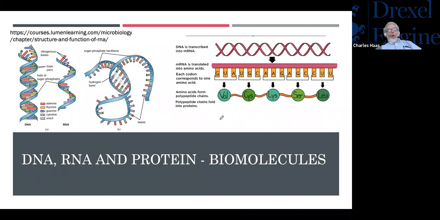Looking in a bit more closer molecular detail, if we take the double helix and unzip it, you notice how some of the bases are coming apart at that point, forming a single strand of DNA. We can now take each one of those single strands of DNA and transcribe it into a strand of RNA.